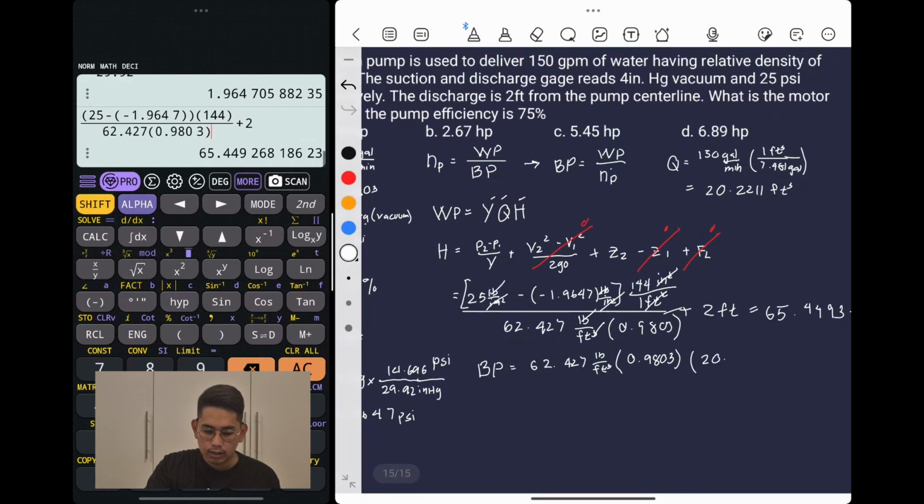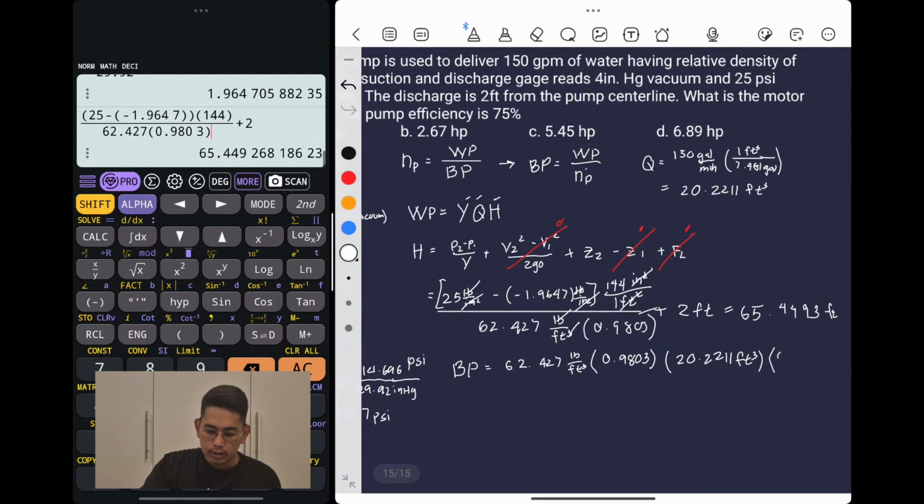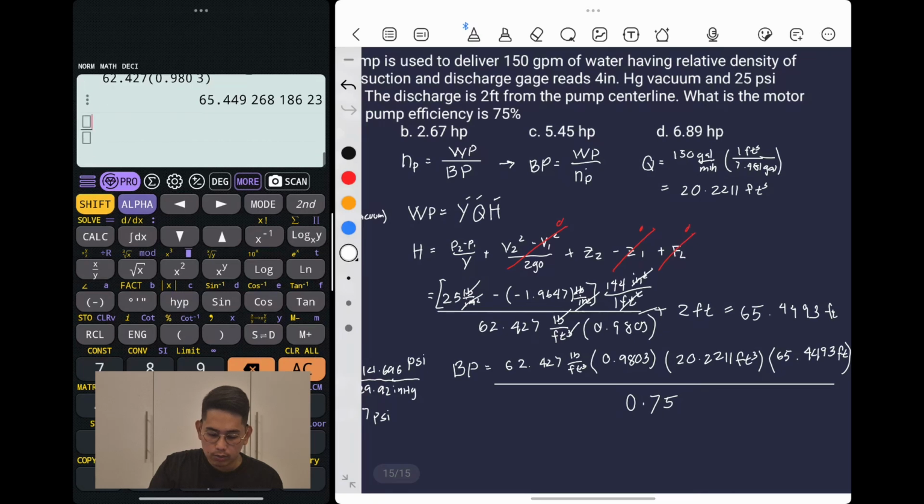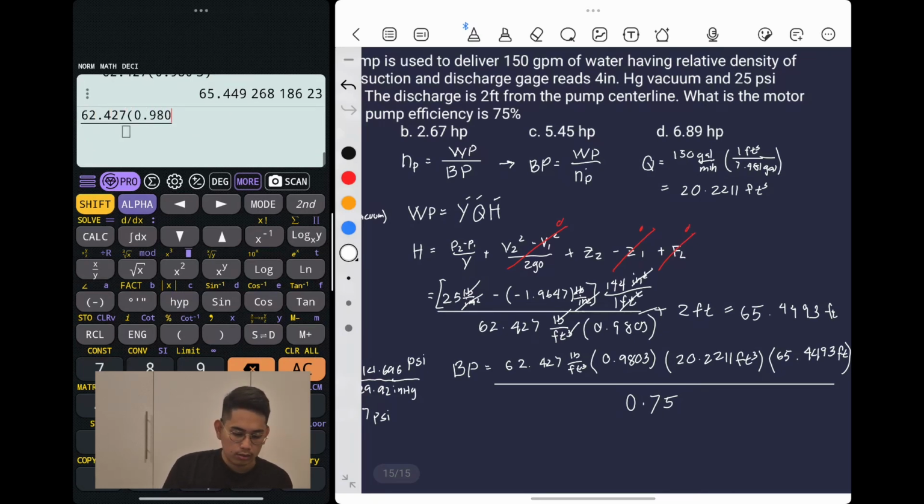So Q natin na 20.2211 feet cube. Times natin sa H natin na solve natin na 65.4493 feet. All over sa efficiency natin na 0.75. So solving.